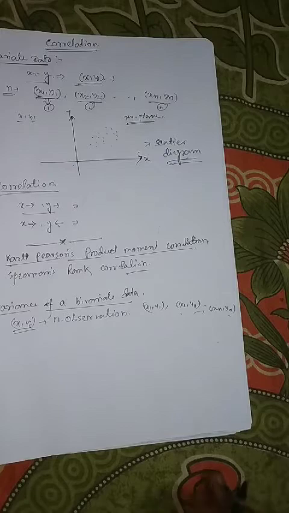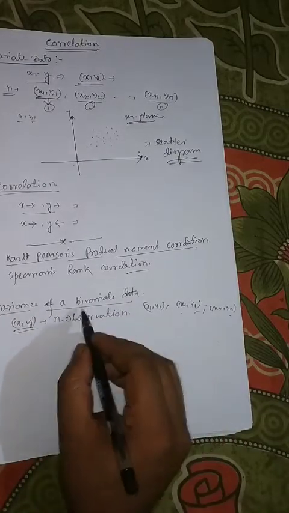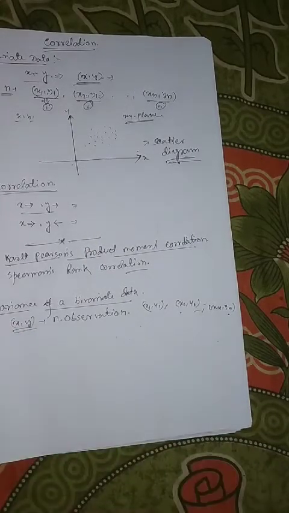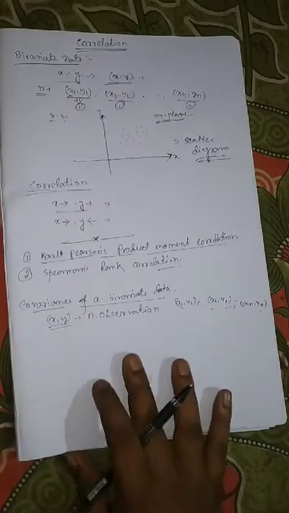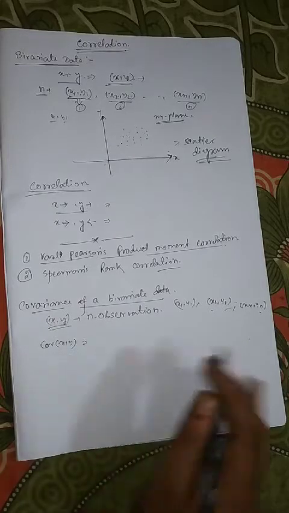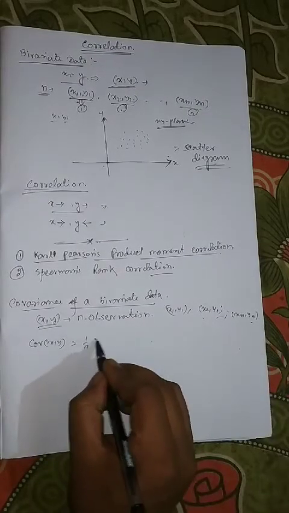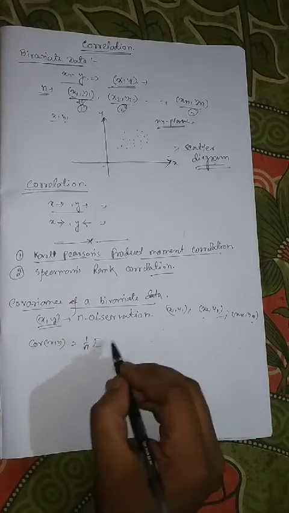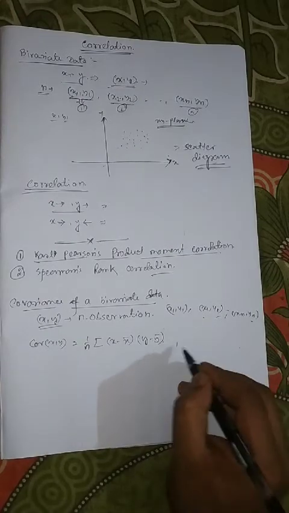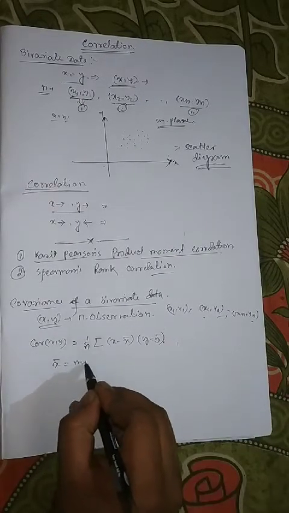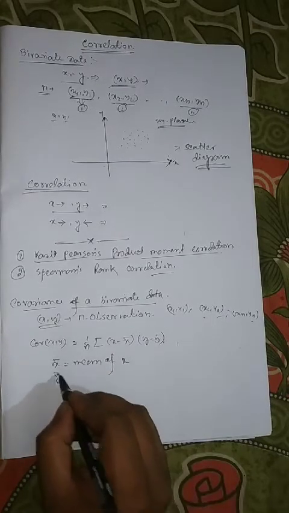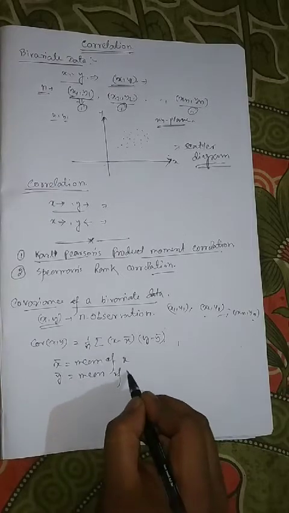Okay, then the covariance of bivariate data is defined as covariance of xy and formulated as 1 by n summation x minus x bar into y minus y bar, where x bar is the mean of the variable x and y bar is the mean of y.